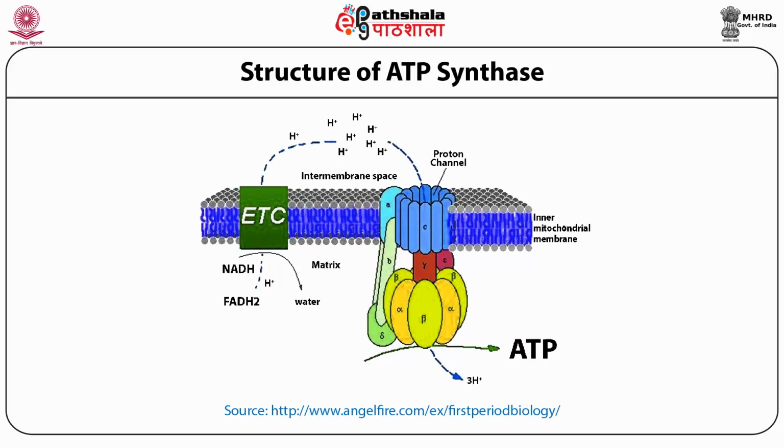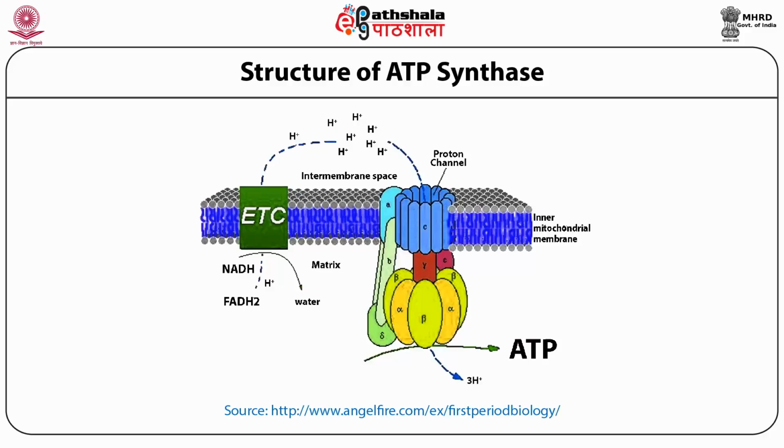The alpha and beta subunits of BF1 are arranged alternately to form a hollow hexagon, the central hole of which contains the gamma subunit associated with other subunits of delta and epsilon.